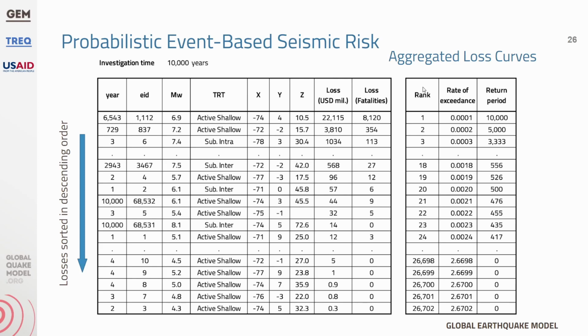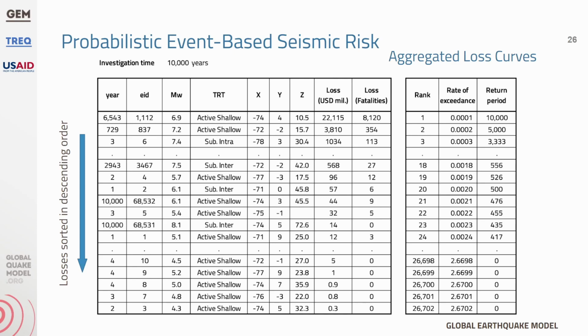So what we are going to do is add an additional column to our event loss table with exactly that. We are going to assign a rank with how many times we have observed this particular loss. And then we are going to rate the exceedance of each loss, which is basically calculated by dividing the number of exceedances of that loss by the number of stochastic event sets.